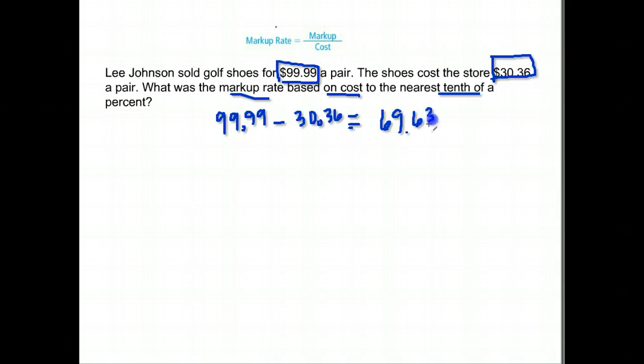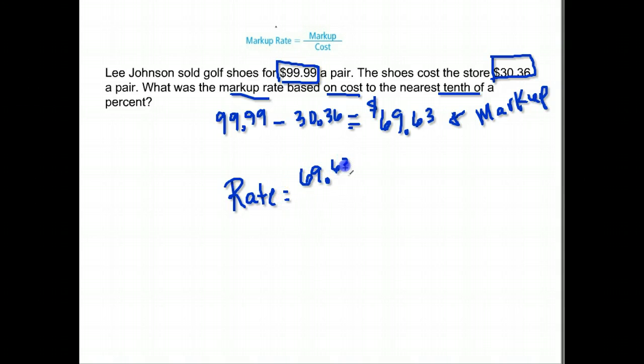That gives me $69.63. Okay, so this is our markup. Now let's find the markup rate, since that's what they wanted to know. We take the markup, again, which was $69.63.